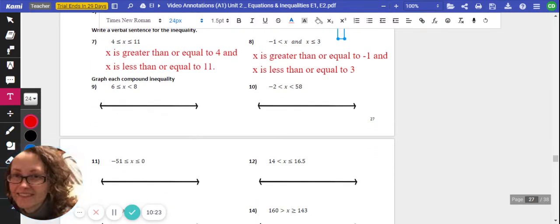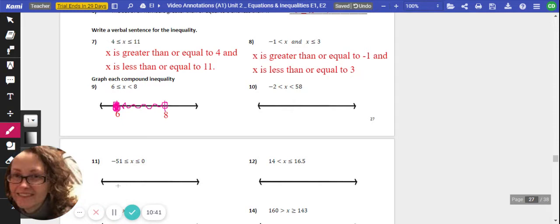So the next question is asking me to graph the compound inequality. So I'm going to want a filled in circle at 6, an open circle at 8, and because I want my x to be bigger than 6 but smaller than 8, I'm going to want to shade in the middle. Alright, so again, filled in circle at 6, open circle at 8, and everything filled in between so that my shading is bigger than 6 but smaller than 8.